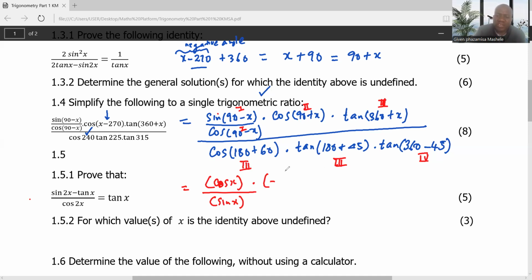But because of 90, it changes and becomes sine. Multiply by 360 plus, in the first quadrant where tan is positive, so this becomes tan x. But remember, since this is a fraction, I can change this to 1 over tan, which is also fine, or I make this one over 1, because these are fractions.